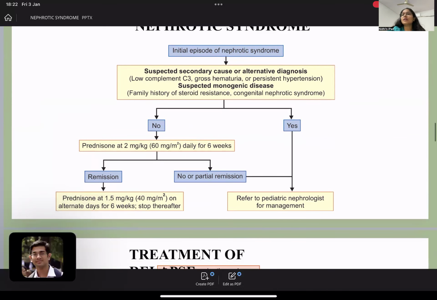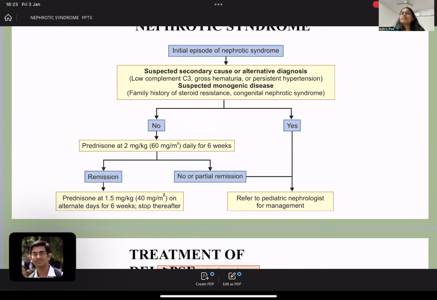If no investigation for secondary causes is positive, and it is just a plain simple initial episode of nephrotic syndrome without complications, we start steroids. We give a 6+6 regimen. 6+6 means for the initial 6 weeks, the patient gets steroid at 2 mg per kg, that is 60 mg per meter square, daily.